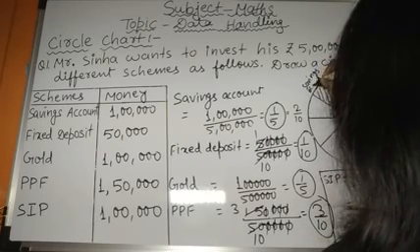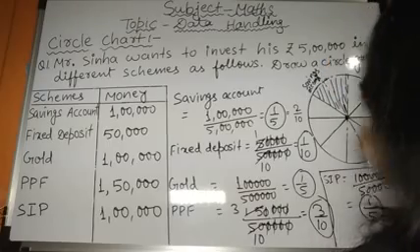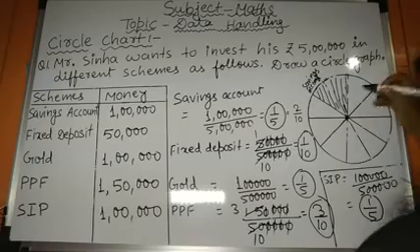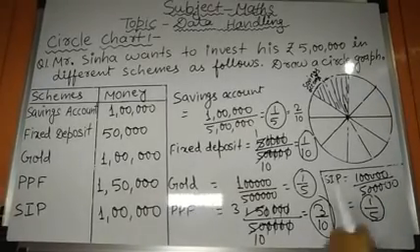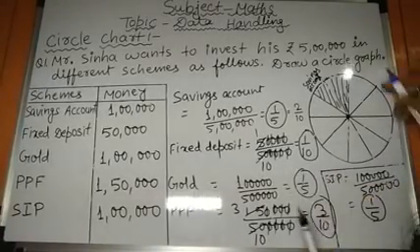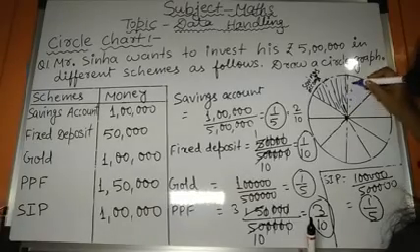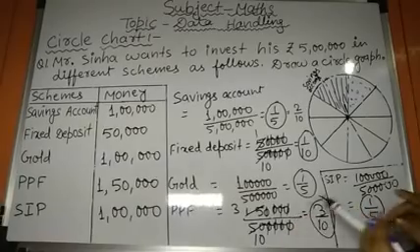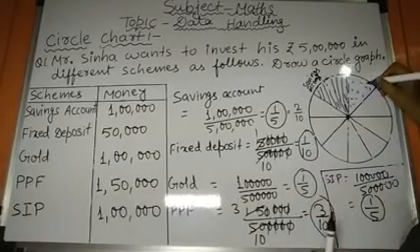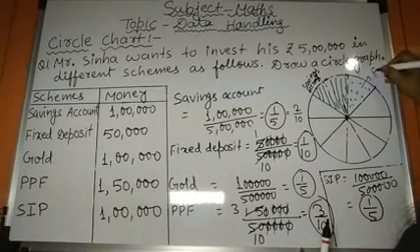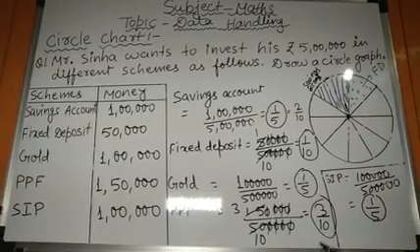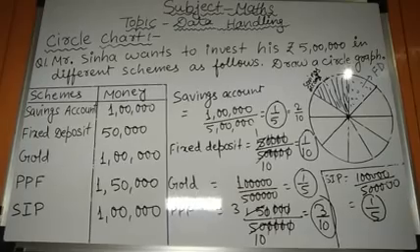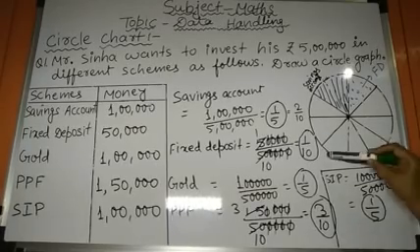Next one is 1 upon 10. 1 upon 10 means only one part we have to take. So I am taking this one part. This is for fixed deposit. I am writing it in short as FD. It is done.